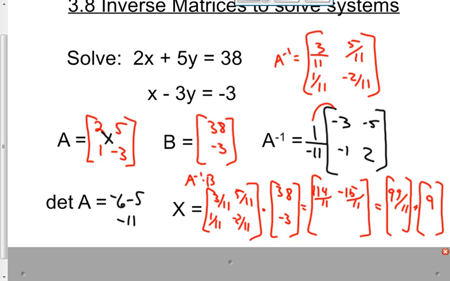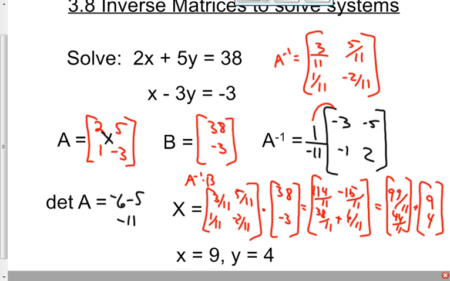Okay, second row, 1/11 times 38 is 38 elevenths. Slide over, slide down is plus 6 elevenths. That's 44 elevenths. That's 4. So as I mentioned, even though your fractions are kind of yucky, they will typically come out nice when you're all done. Your x value is 9, your y value is 4.